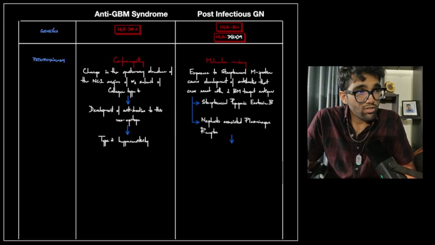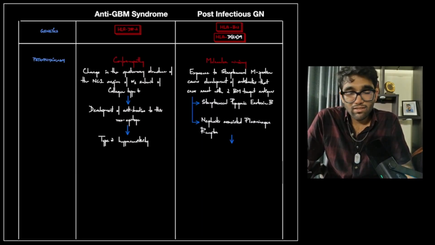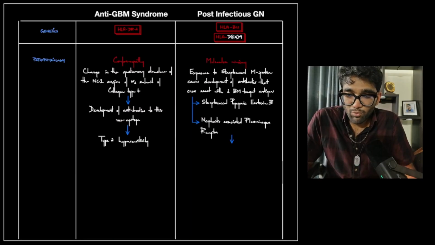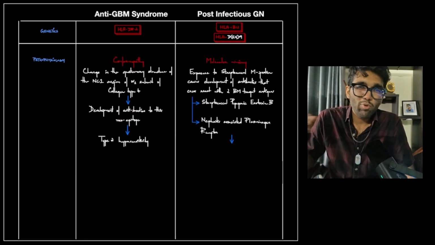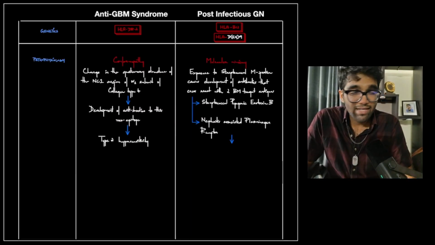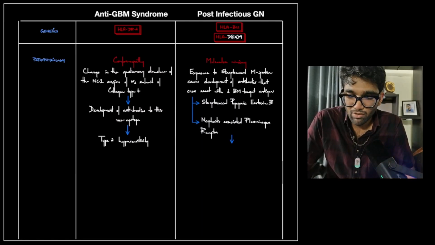Whereas post-streptococcal GN is a type of molecular mimicry. Streptococcus, specifically group A beta-hemolytic streptococci, has a protein called the M protein, which is a lipoprotein that binds to lipids, and that results in development of antibodies that cross react with human lipid and protein combinations.